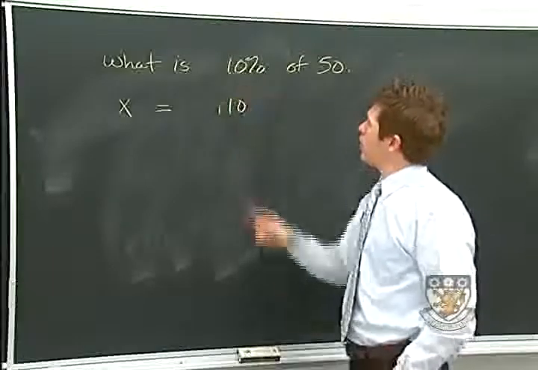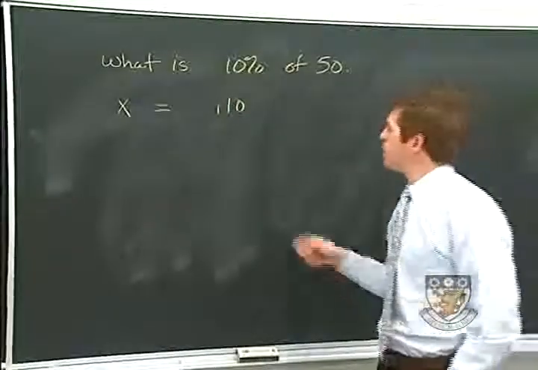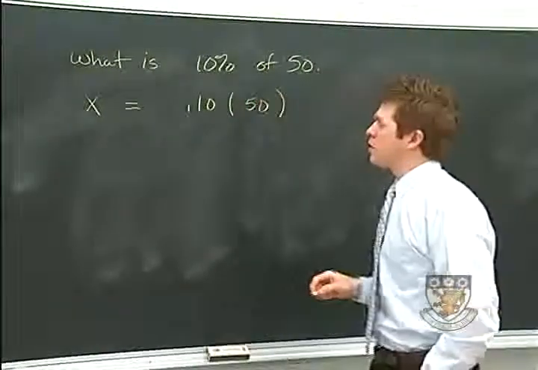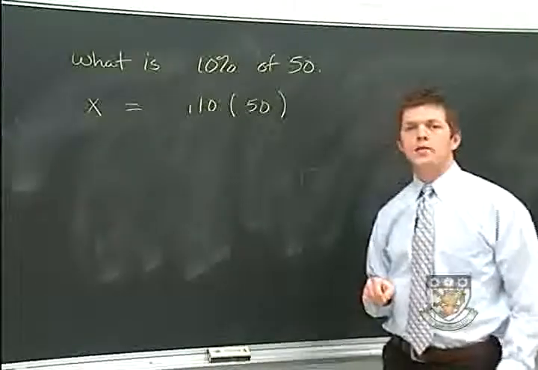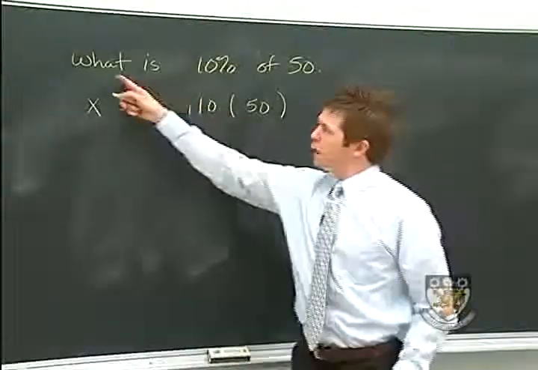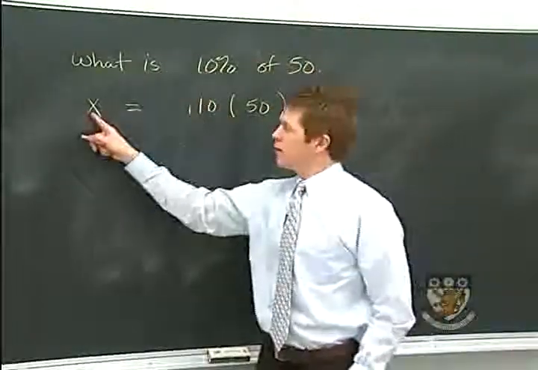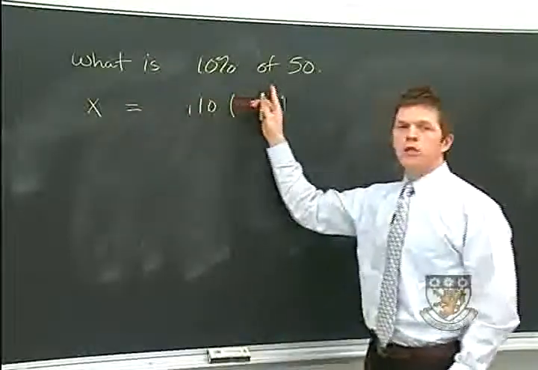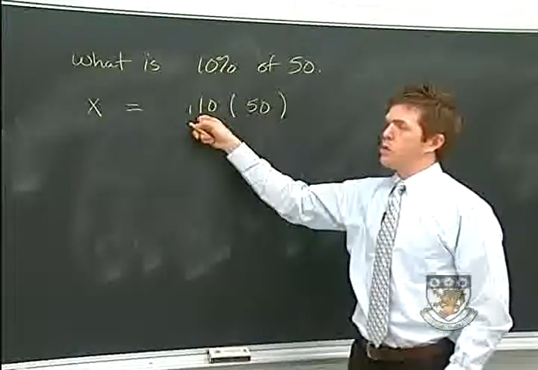Remember, 2 places to the left. And the word of, if you remember from earlier, of means multiplication, and then 50. So we're saying here x equals 0.10 times 50. That's what that says. What is 10% of 50? What is the x? Is always means equals. And notice that I just wrote it right in order here, just as they have it written. 10% is 0.1.